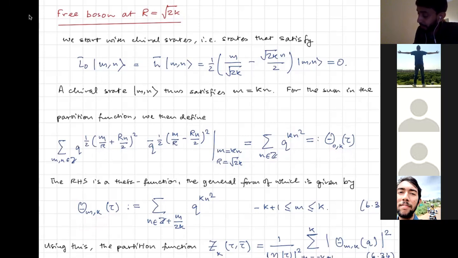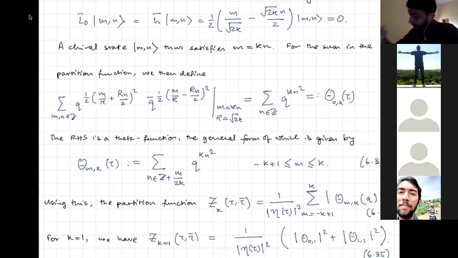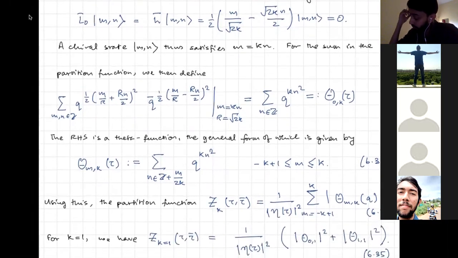So the number n here actually runs over Z plus m over 2k, and you need to sum through all of these. Okay, so good. That is what the general theta function is. If you use this, then your partition function, I just wanted to make sure that you get a flavor of this, but you can work out the math on your own.